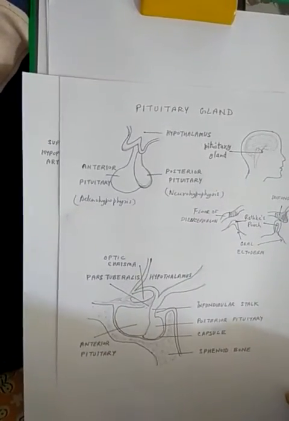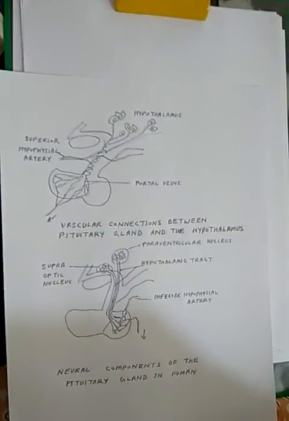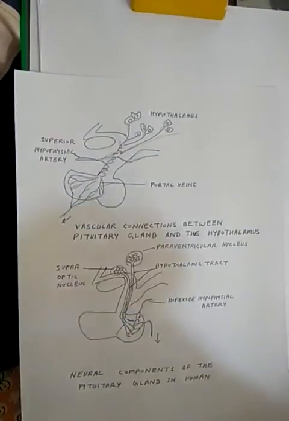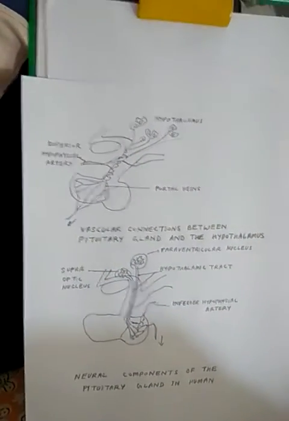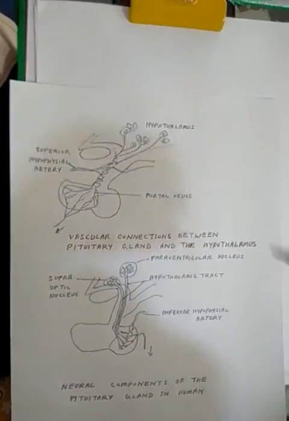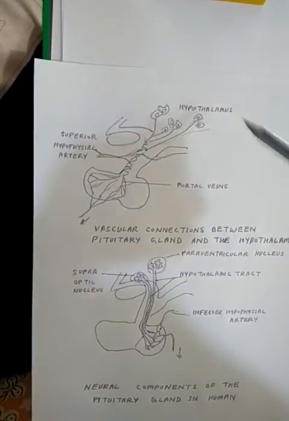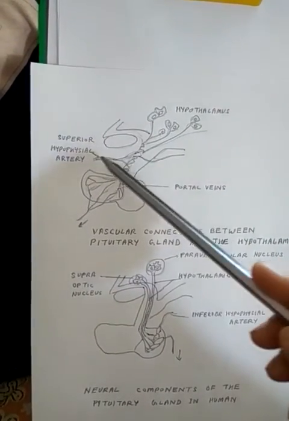Next we will see the vascular connection. The pituitary gland gets its blood supply from the superior hypophyseal artery.